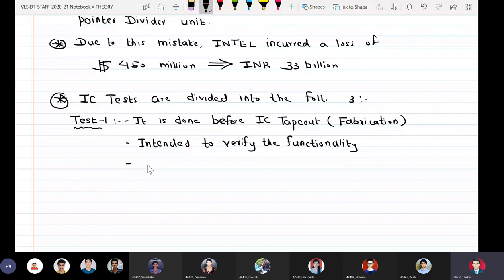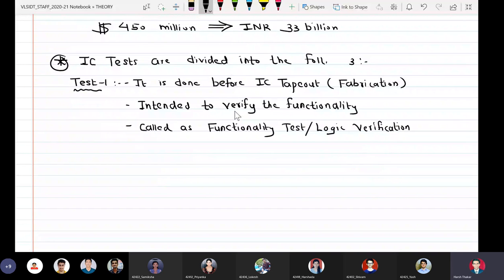So test number one is called functionality test or logic verification.